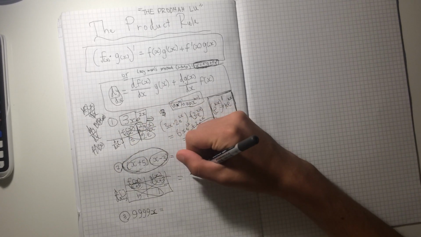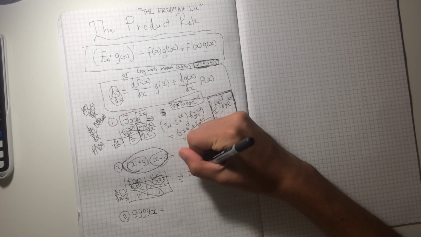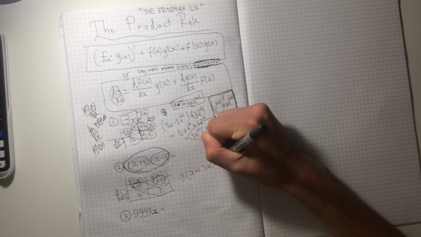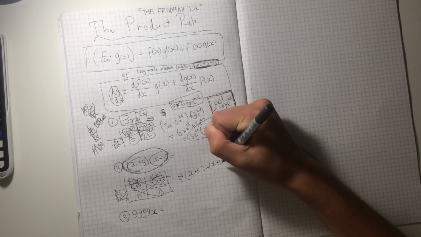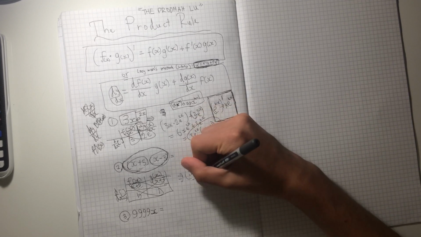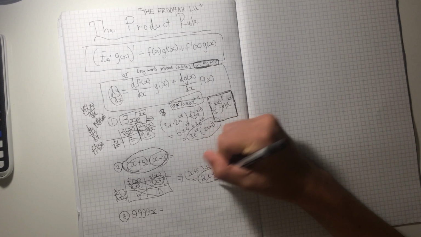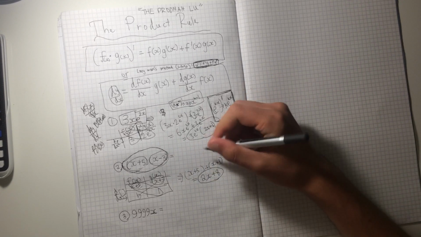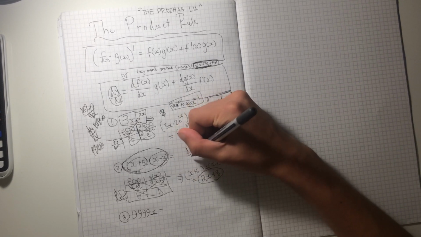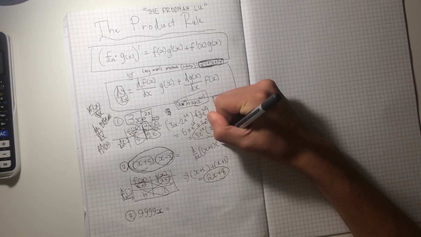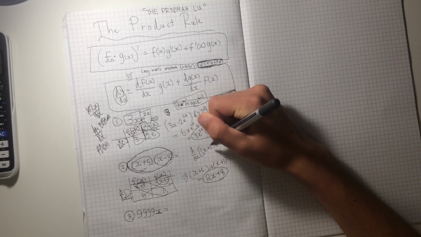So we get x plus 5 plus x plus 3. I hope I'm not making a silly mistake here. Yeah, so that's just this. So that's our derivative here for this expression.